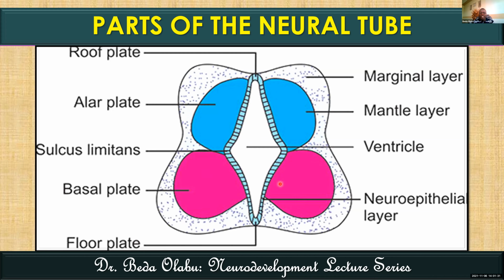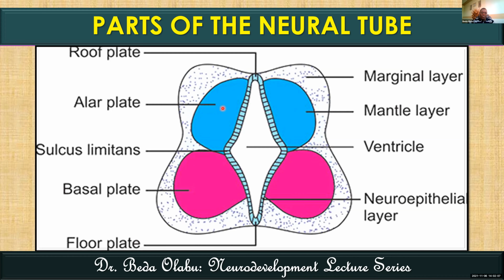The ventral pair of thickenings is called the basal plate. This basal plate represents the motor column of the central nervous system, so the cell bodies of neurons in this region will have motor functions. The alar plate, on the other hand, represents a population of cell bodies of neurons that are sensory in function. So they call the alar plate the sensory column.